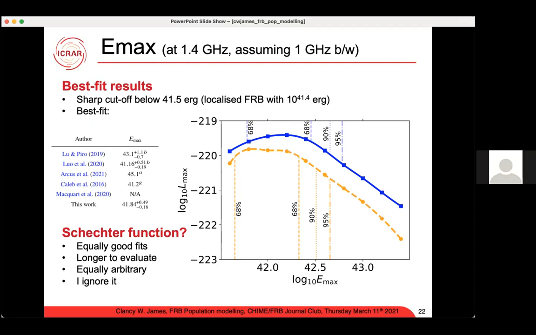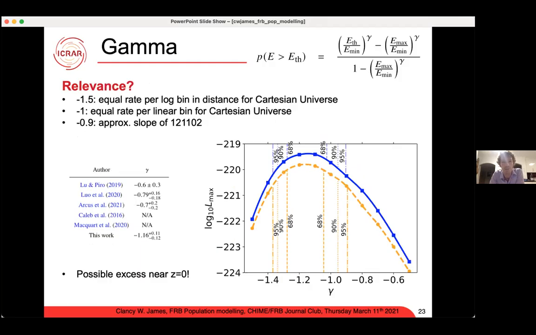But the point is that given current FRB measurements, we have absolutely no resolving power between these two, right? They give equally good fits. So it's a non-issue from an empirical perspective. And with FRBs, I hope we can all agree we should be motivated empirically by what we see, because we have not been very good at getting the truth up until now.